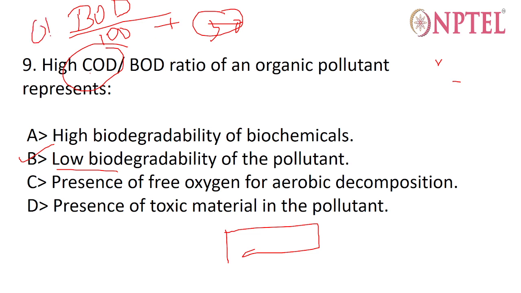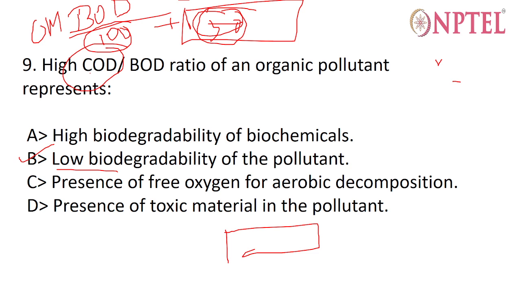Suppose I have total organic matter of 150. There is 100 that is biodegradable, and there is 50 which is not biodegradable. Suppose the bacteria cannot use this organic matter as their food, so it will not be consumed by your microorganisms. So we cannot say it is your biochemical oxygen demand. I hope this is clear for everyone. This 50 will be extra, right?